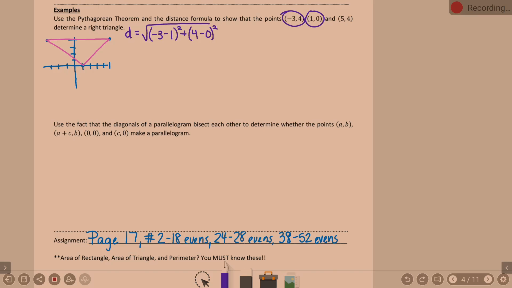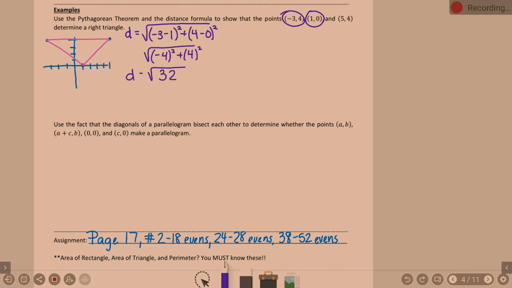Do some cleanup. -3 minus 1 is -4, quantity squared. 4 minus 0 is 4, quantity squared. -4 squared is 16. 4 squared is 16. 16 and 16 is 32.